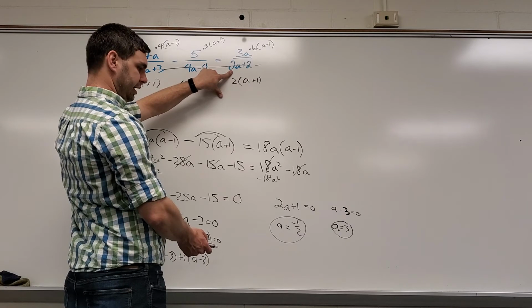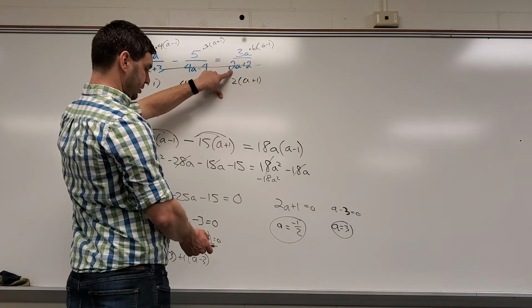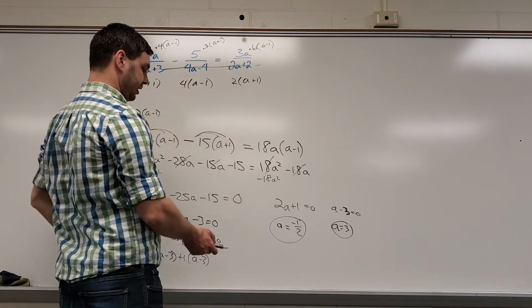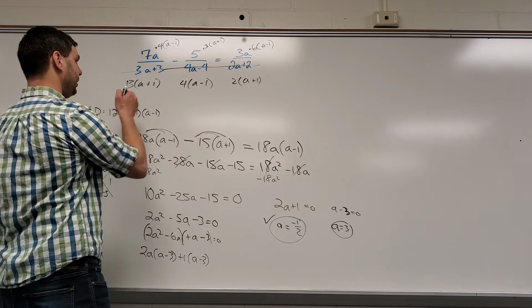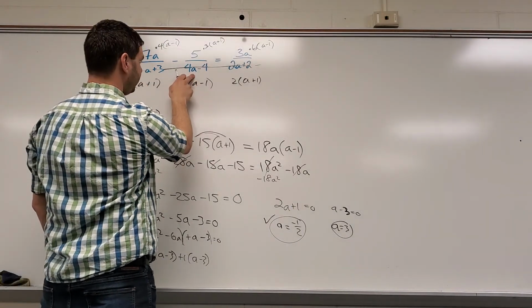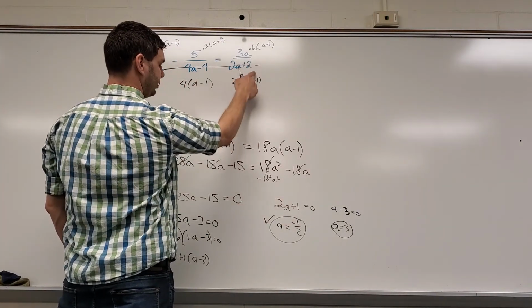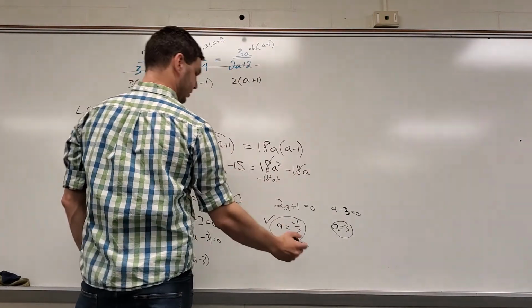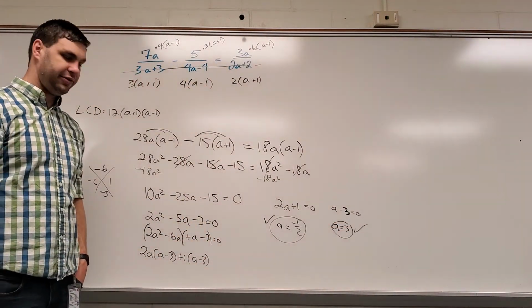And 2a, let's see, that would be negative 1 plus 2, nope, that's fine. So a equals negative 1/2 is good. What about 3? 3 times 3 is 9, 9 plus 3 is 12, that's good. 12 minus 4 is 8, that's good. And 6 plus 2 is also 8, so this is also good. So both of those answers work. A equals negative 1/2 and a equals 3.